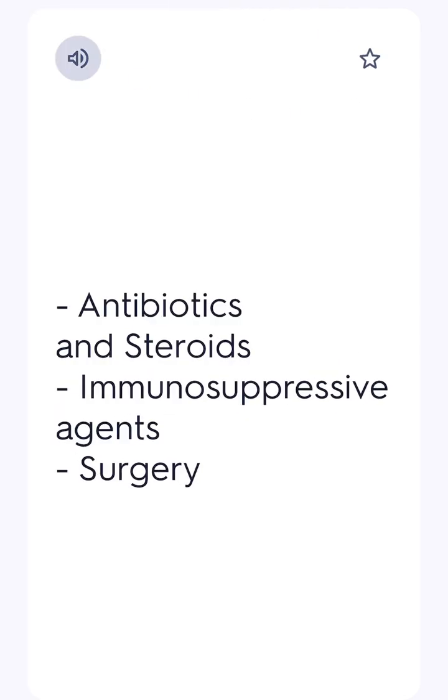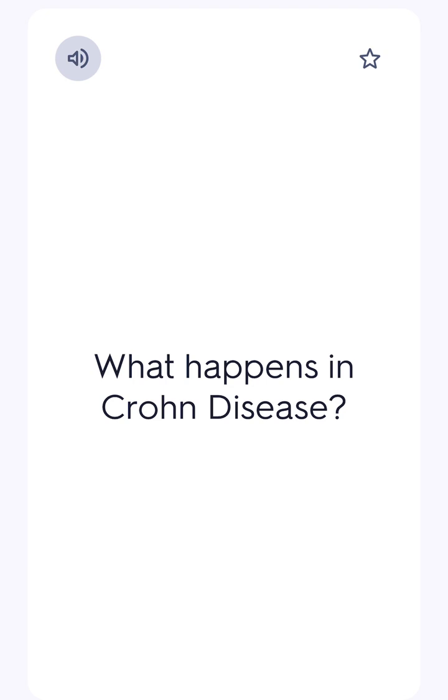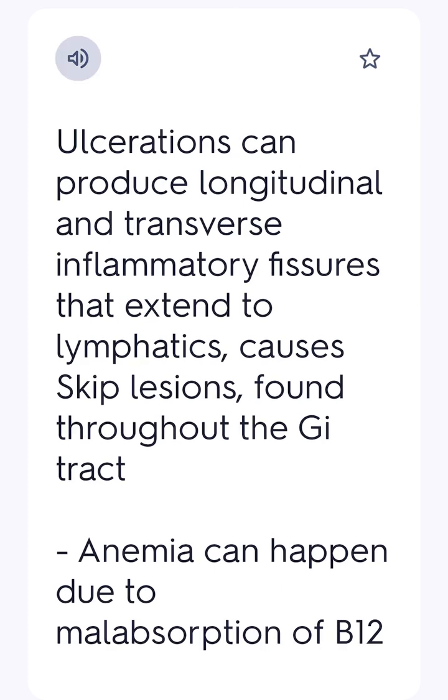Antibiotics and steroids, immunosuppressive agents, surgery. What happens in Crohn's disease? Ulcerations can produce longitudinal and transverse inflammatory fissures that extend to lymphatics, causes skip lesions, found throughout the GI tract. Anemia can happen due to malabsorption of B12.